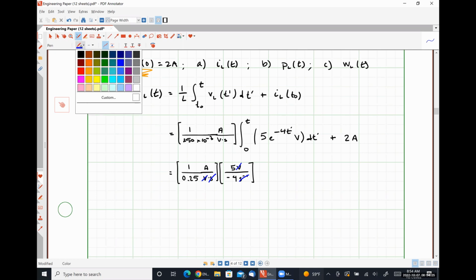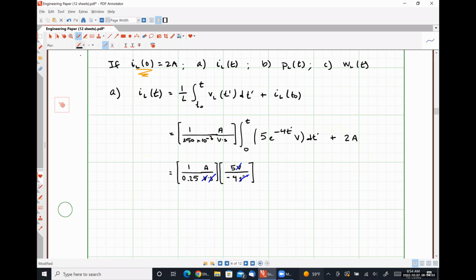So now I'm just taking the integral of e to the -4t. I've already pulled out the 1 over alpha part. And so what I have left here is just e to the -4t evaluated at t and 0, like so, plus 2 amps.